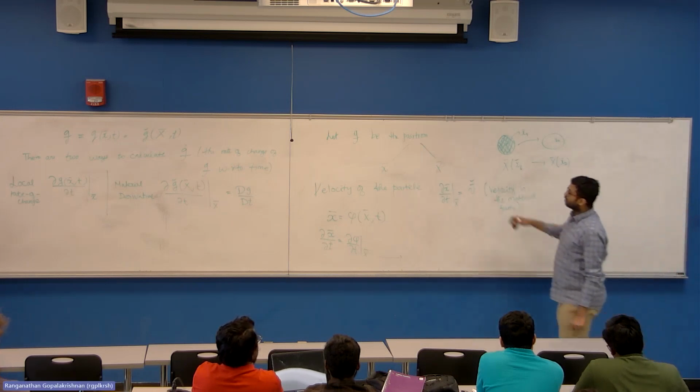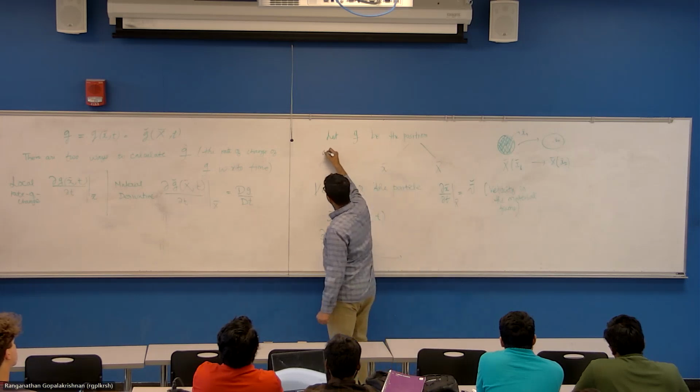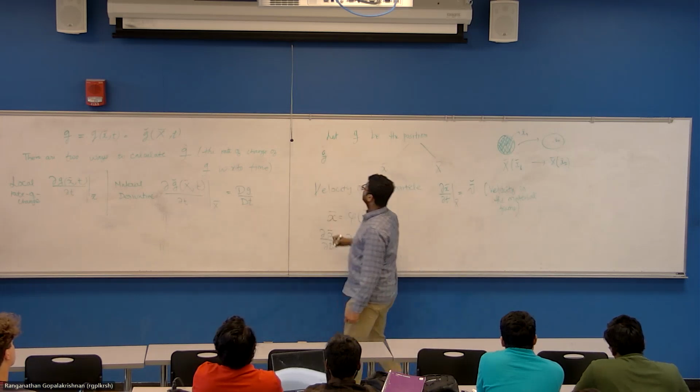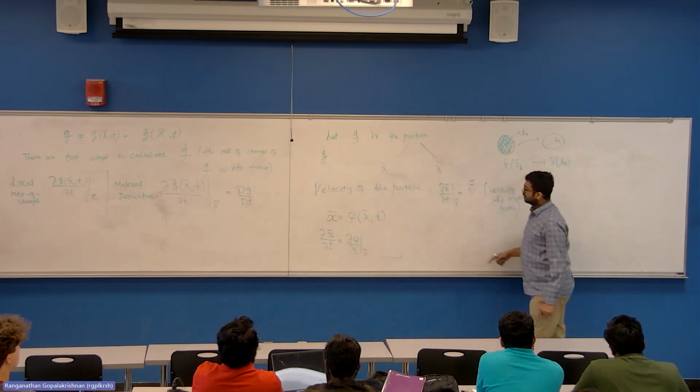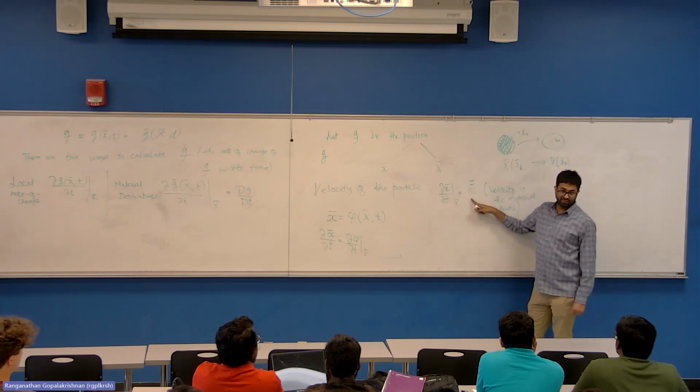So we started with g being x. If we are interested in g dot, the rate of change of position, the rate of change of position at constant x gives you the particle velocity.